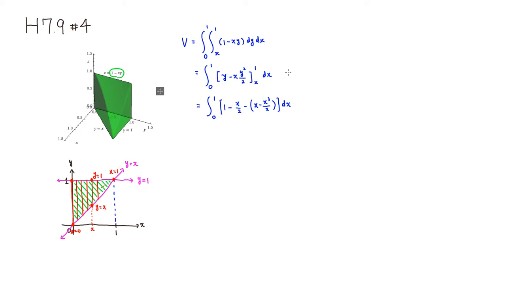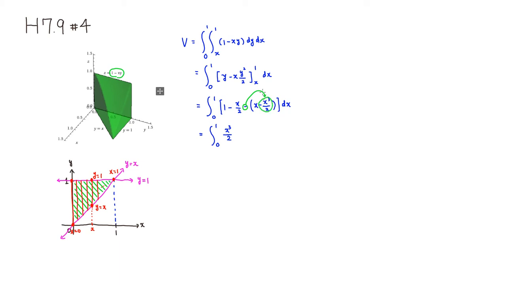I'm going to clean up a little bit here. So this is going to be the integral from 0 to 1. Maybe I'll do the highest power first. The highest power is the cube term, so it's going to be plus x cubed over 2, since the negative sign is distributed to this term here.